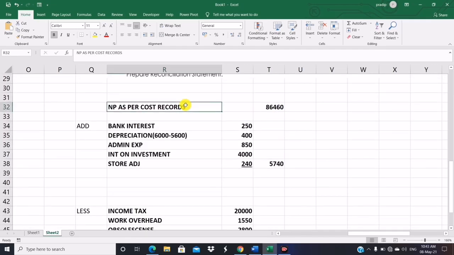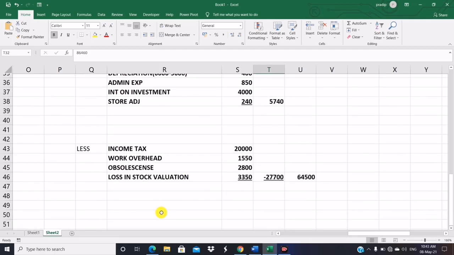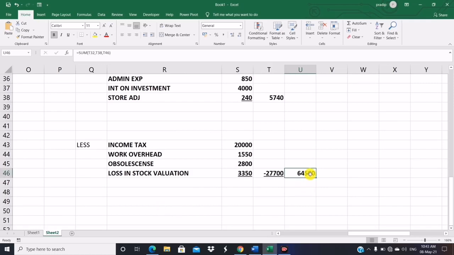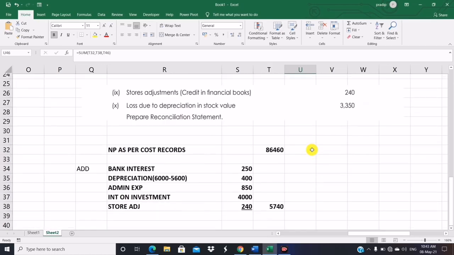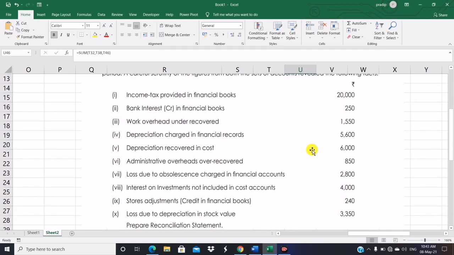So we have to start as per cost accounting profit, that is 86,416, and we have the profit of financial accounting 64,500. In the question paper, both the answers are given, that is as per financial accounting and per cost accounting. So first adjustment is income tax provided in financial book 20,000. Here income tax is our expense.